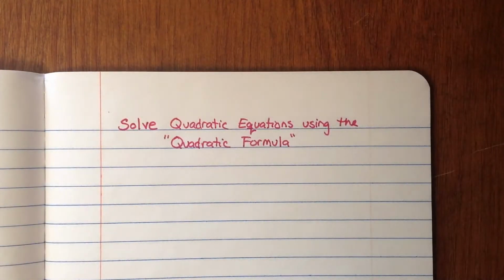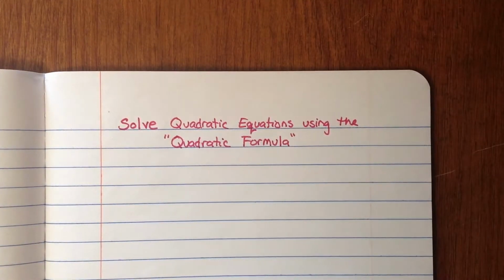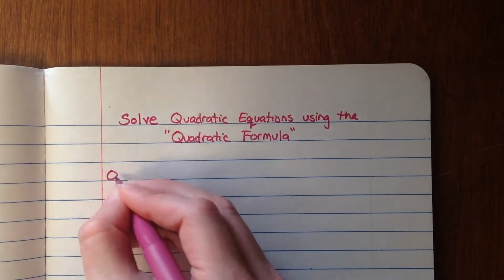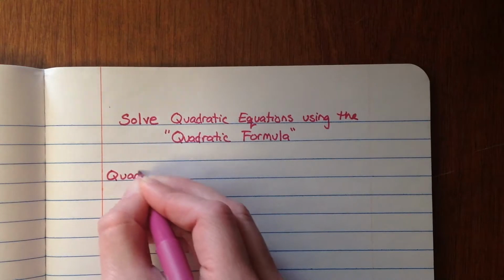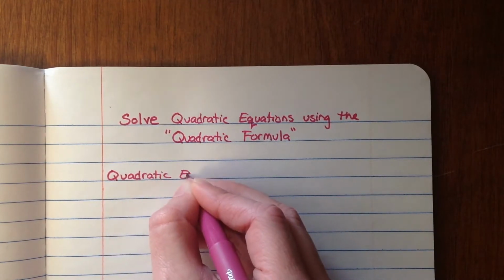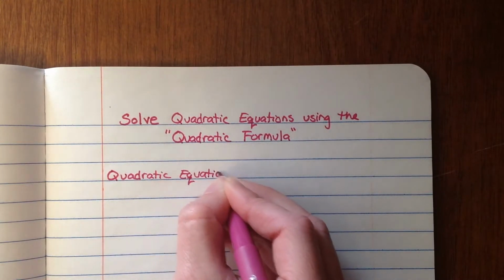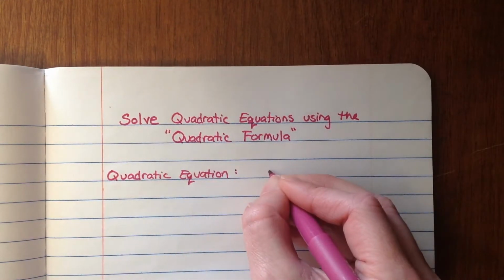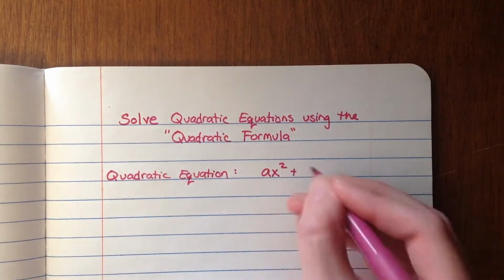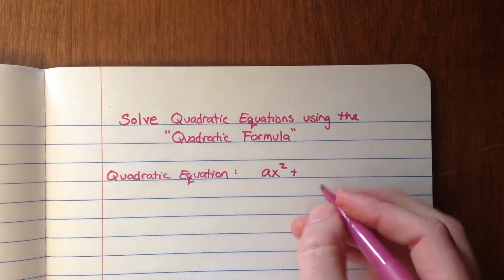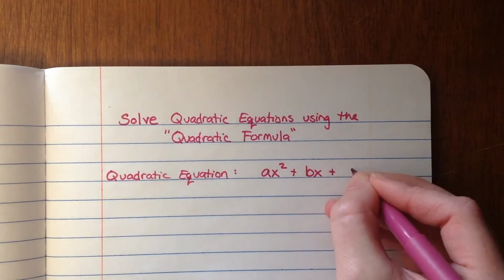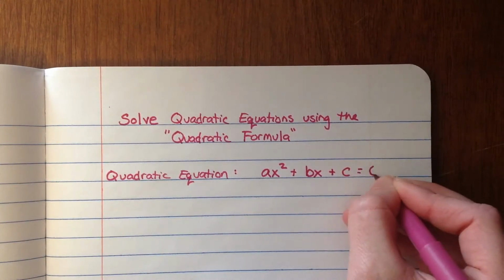Alright, so last week we were solving quadratic equations, and if you remember, a quadratic equation is always in the form, so let's look at that again. What we call a quadratic equation is always going to be in the form ax squared, that means some number times x squared, either plus or minus, bx, some number times x, plus or minus a constant value c, is equal to 0.